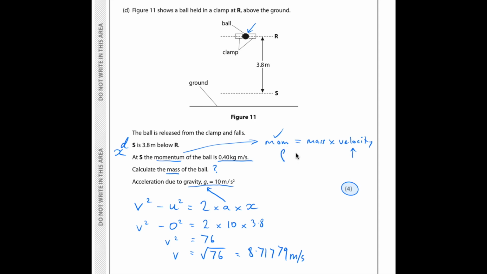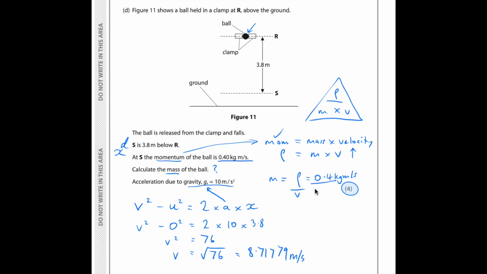So now momentum equals mass times by velocity. So if we do a magic triangle, in case you're not very good at rearranging, mass times by velocity will go on the bottom, momentum goes on the top. It's like a wiggly P. Cover up what you're looking for. We're looking for mass, so that's going to be the momentum divided by the velocity. It told us the momentum was 0.4 kilograms meters a second.